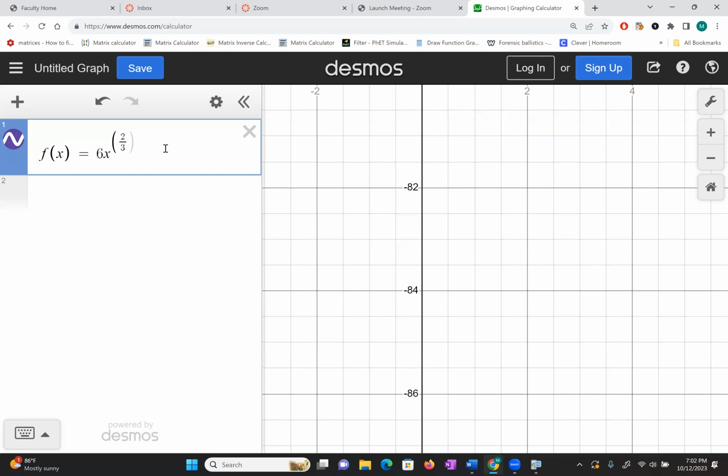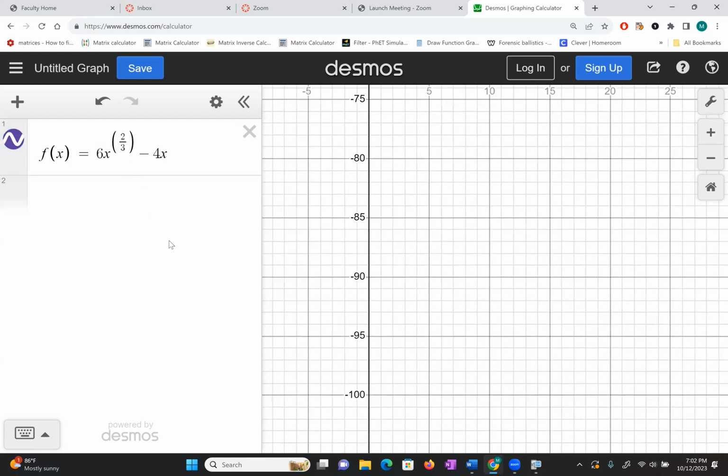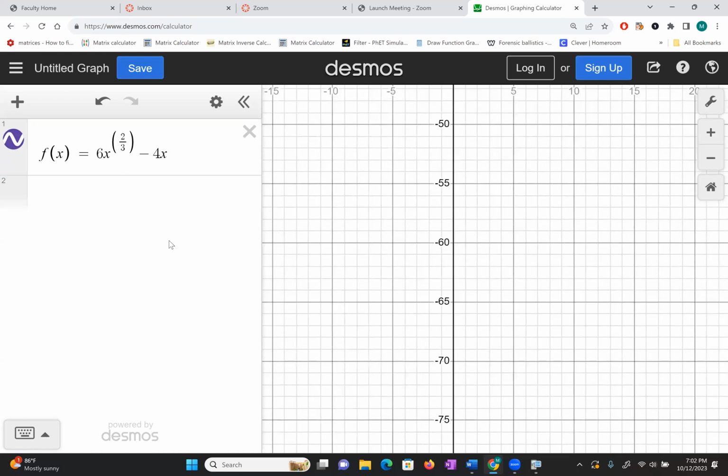Close that parentheses. And this is minus 4x. So let me go over here. Take a look at what this graph looks like.